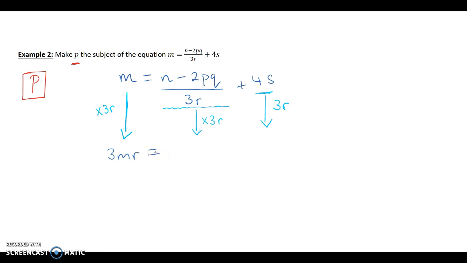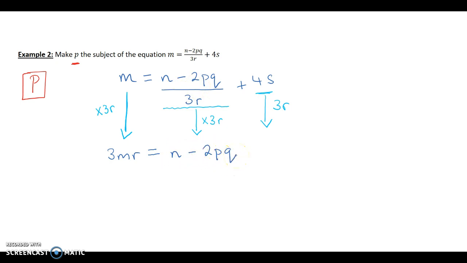Now remember this piece. When we multiply this entire fraction by its own denominator, the 3r on the top and the bottom will cancel out, and what we are left with is just the top of the fraction, so n minus 2pq.